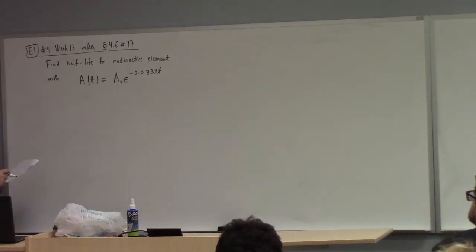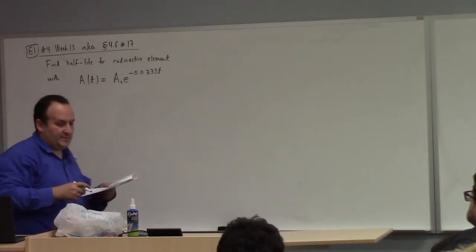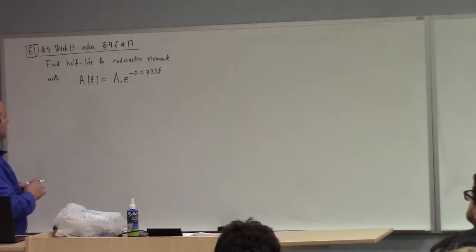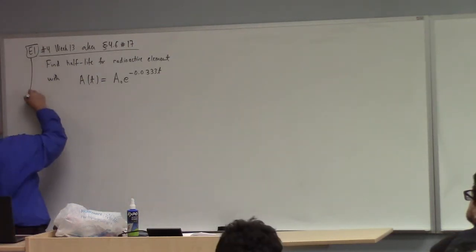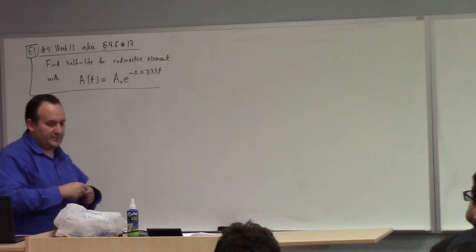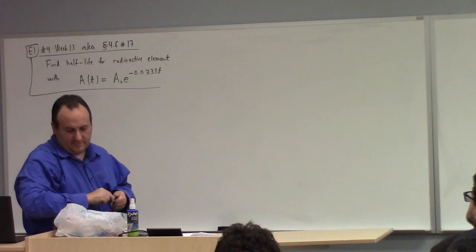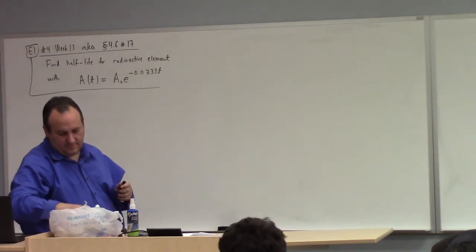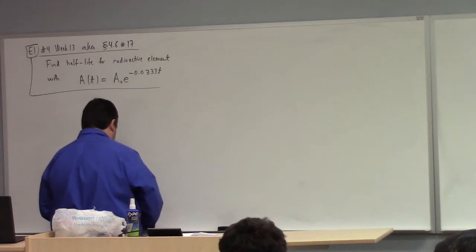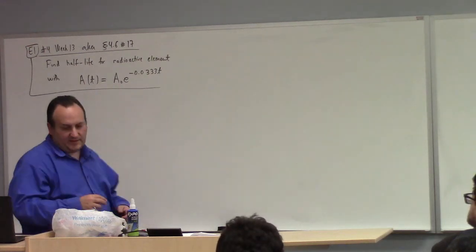All right, so we're supposed to find the half-life of this radioactive element. So what does that mean? What do we mean by half-life? Half-life is how long it takes for half of the element to decompose. Right.